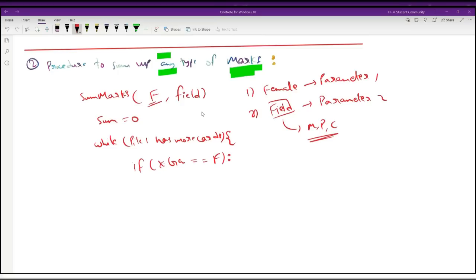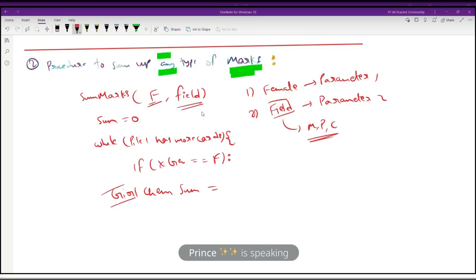No issues. Now, we do not know what subject it is. We only wrote that to be field. So let us take all the three subjects into consideration. Girl chemistry sum. What does this girl chemistry sum refer to? The sum of chemistry marks of all female students. Yes, you're right. Sum marks of F dot chemistry.